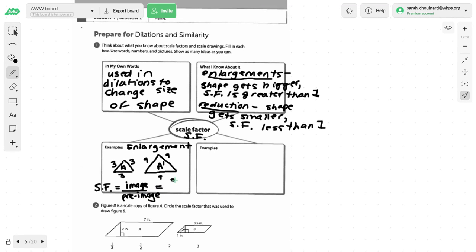And so the image was 9, the pre-image was 3, so my scale factor was 3. So that's an enlargement.